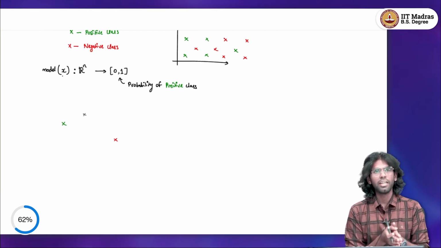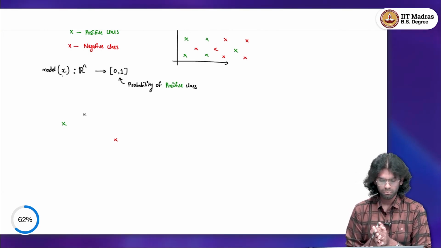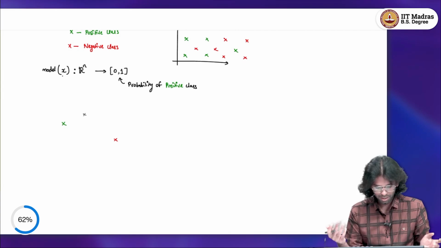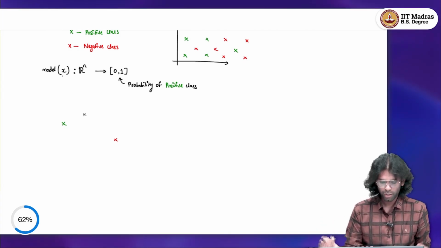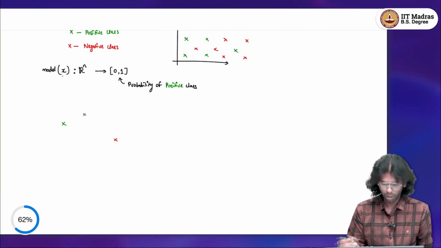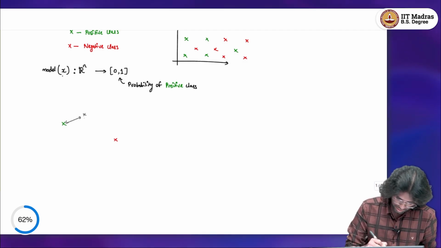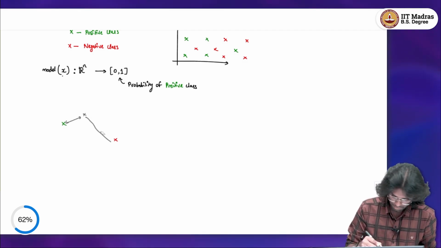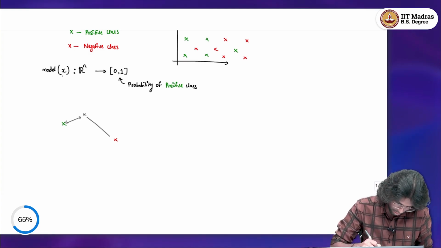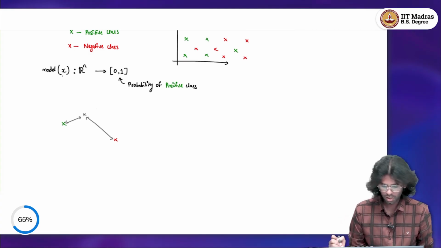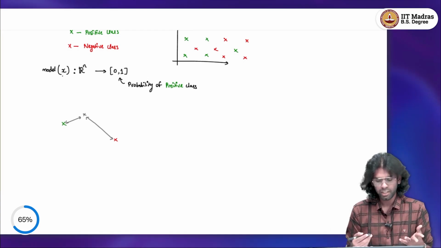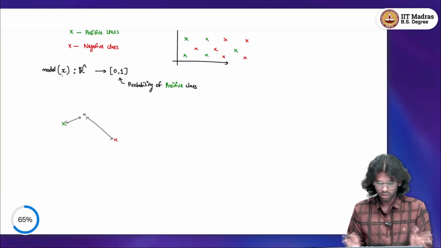Would it be the green point or the red point? This is not worth pausing for, but I am sure you would have said it's the green point, because the distance to it is smaller. If you consider the Euclidean distance, this point is closer.